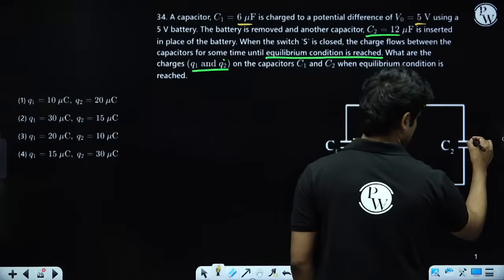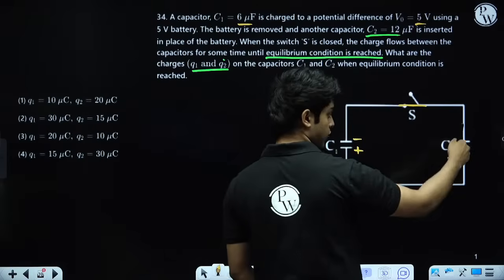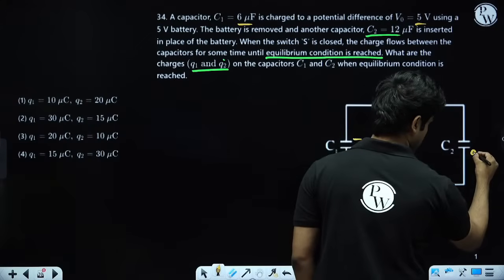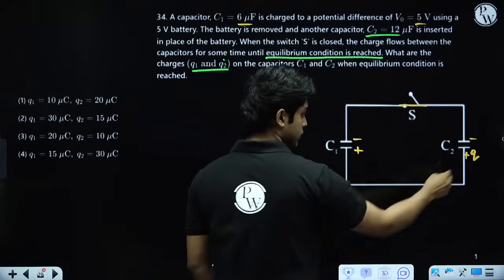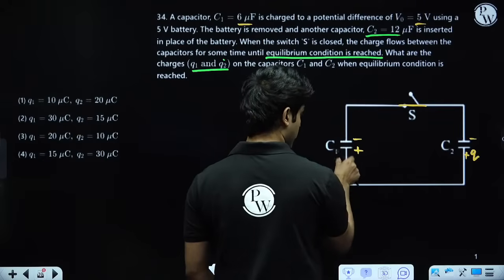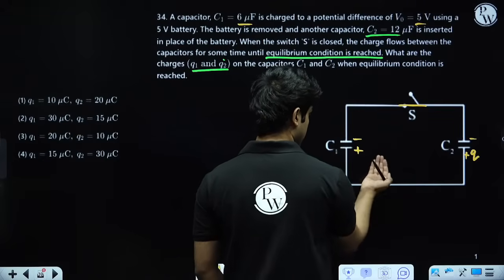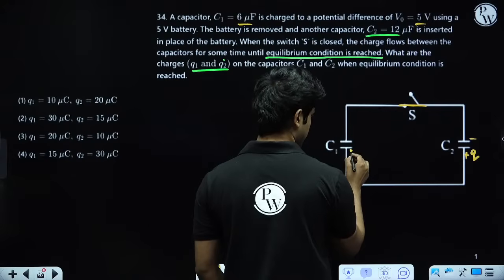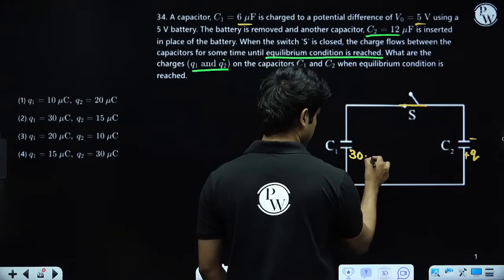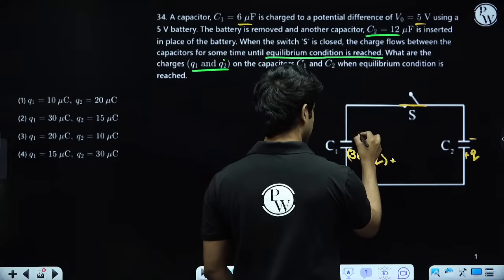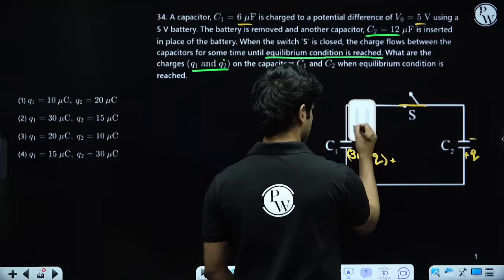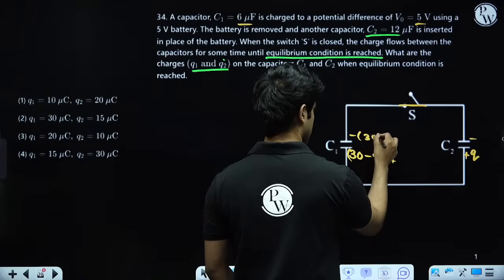So let's say some Q charge flowed to C2. This plate will become plus Q, and the other will be minus Q. Now this positive Q charge flowed from the positive plate of capacitor C1, which initially had 30 microcoulomb. So it will become 30 minus Q, and the negative plate will have the negative of this charge.